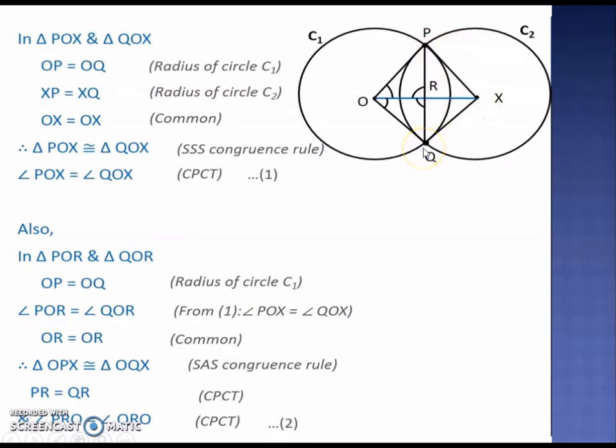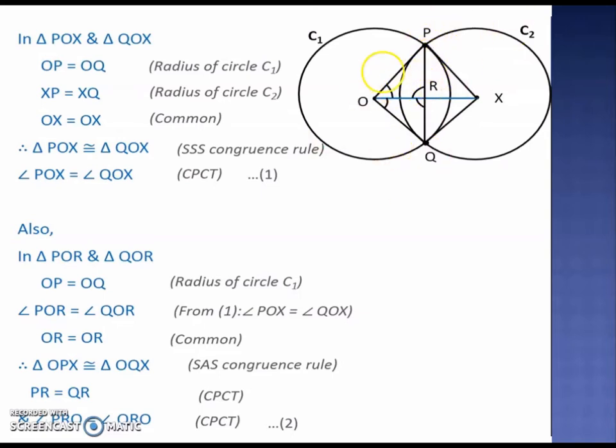PX and QX are equal because they are radii of C2. And OX is the common side between these two. So by SSS, you can say that these two triangles, POX and QOX, are congruent to each other. So by CPCT, angle POX and angle QOX are equal.